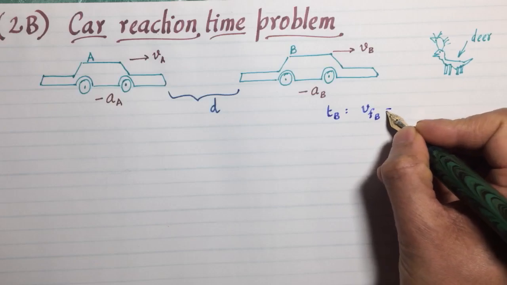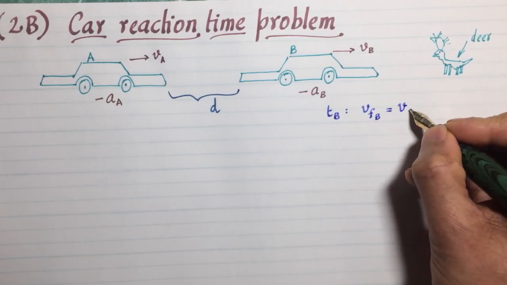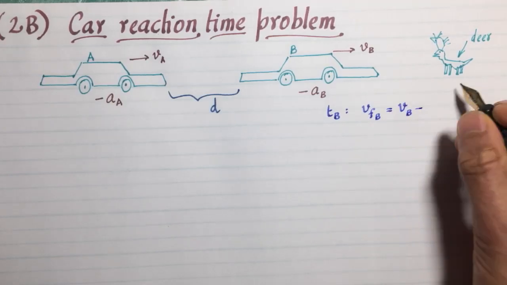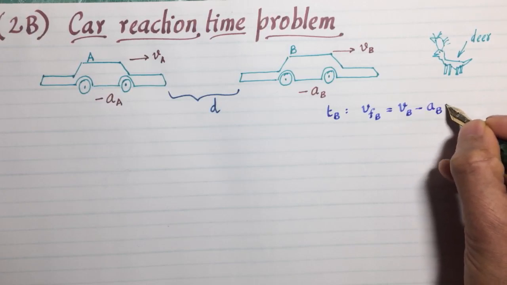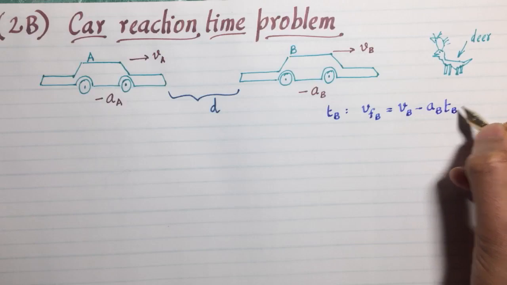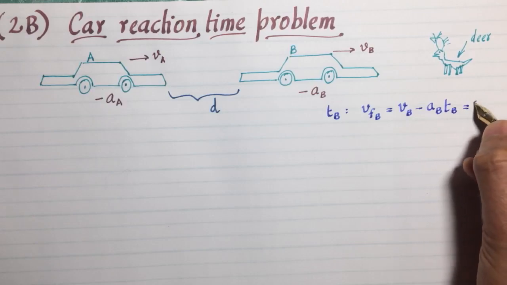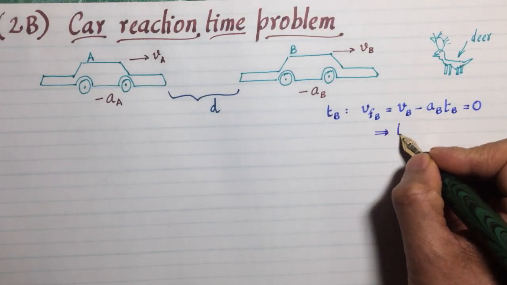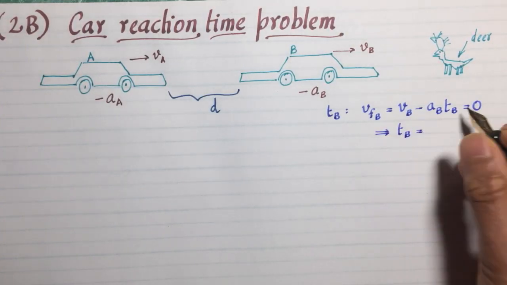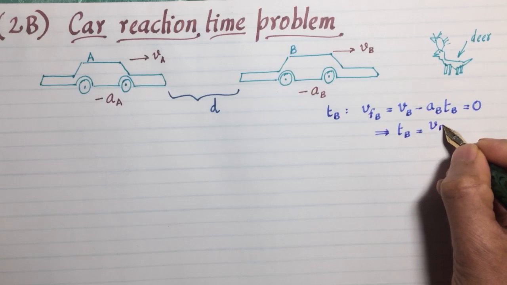The final velocity of B equals the initial velocity of B plus the acceleration, which is negative a sub B, times the time. And we're going to set that equal to 0 because car B stops. So this gives us, solving for time, t_B equals v_B over a_B.